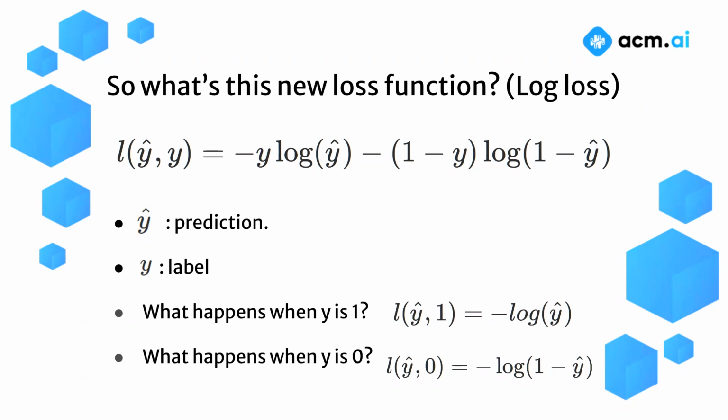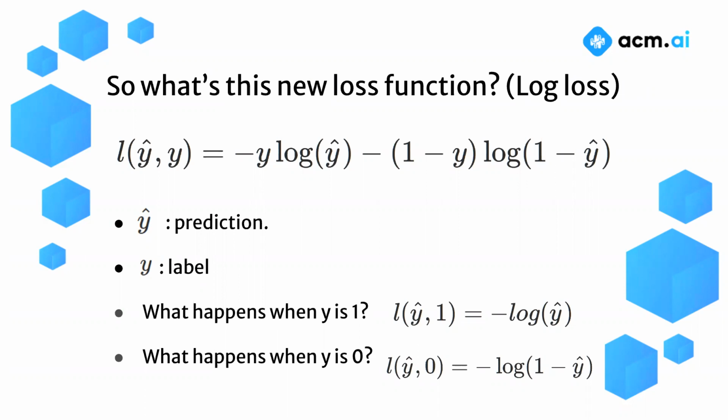So this is this case, yeah. We have this case right here: 1 minus y is 1 minus 0 is 1, times log of 1 minus y hat, so it's negative log of 1 minus y hat.